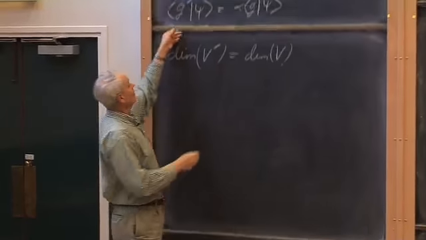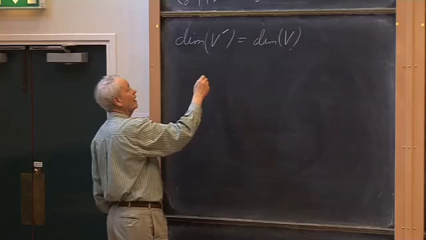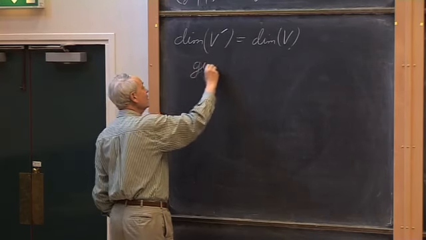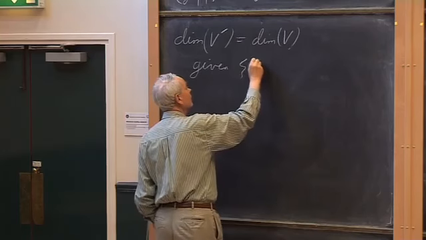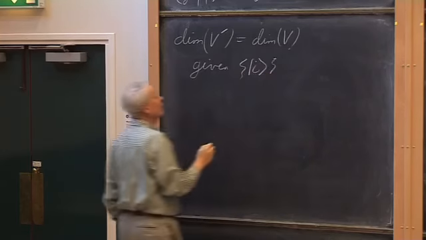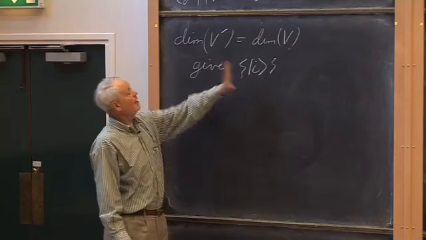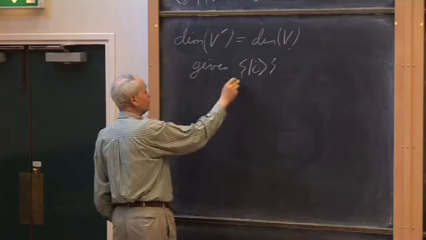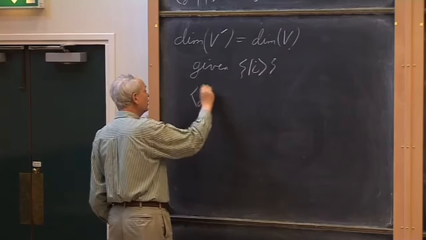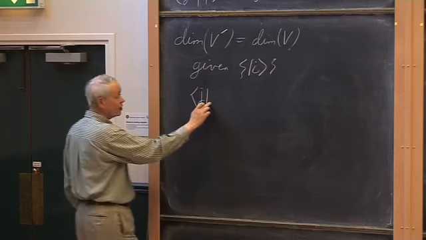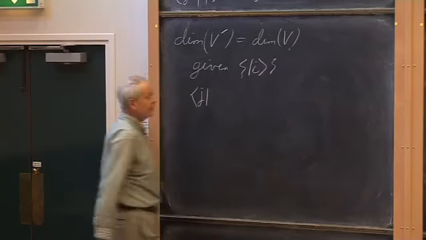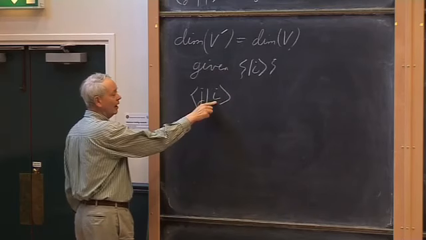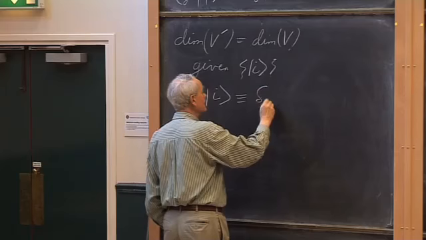And how do we define this? We prove it. So if we're given a basis of kets |i>, for each one of these we define a bra, and we do it as follows. We say that the bra <j| is the function on the kets such that this complex number <j|i> is equal to delta ij.